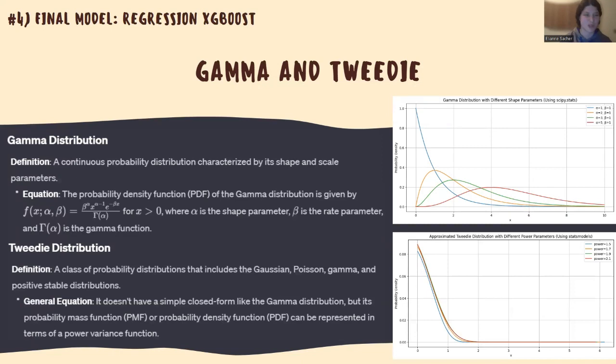Not to go too much in depth, because you can always check out our notebook, but generally speaking, you use the normal distribution for data that is symmetrically distributed around the mean, including negative values. You opt for the gamma distribution when dealing with right-skewed data that is strictly positive and where the variance increases with the mean.